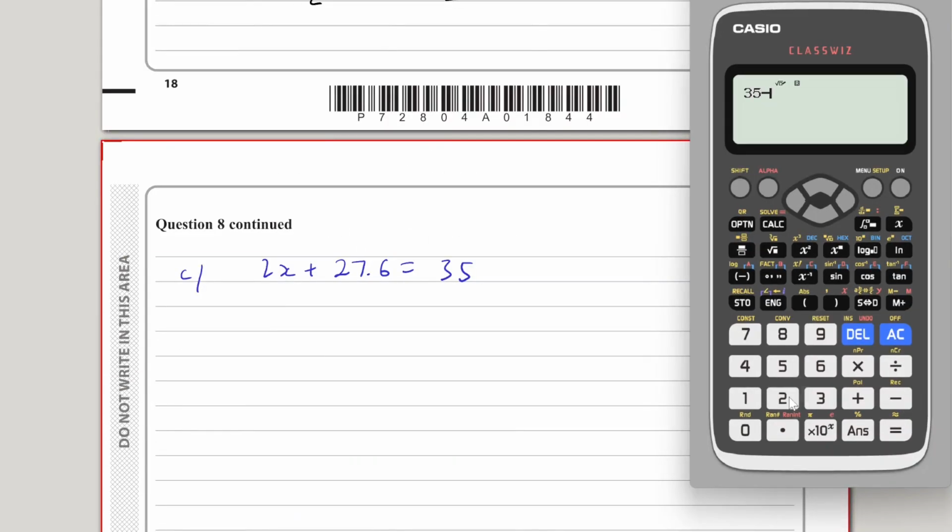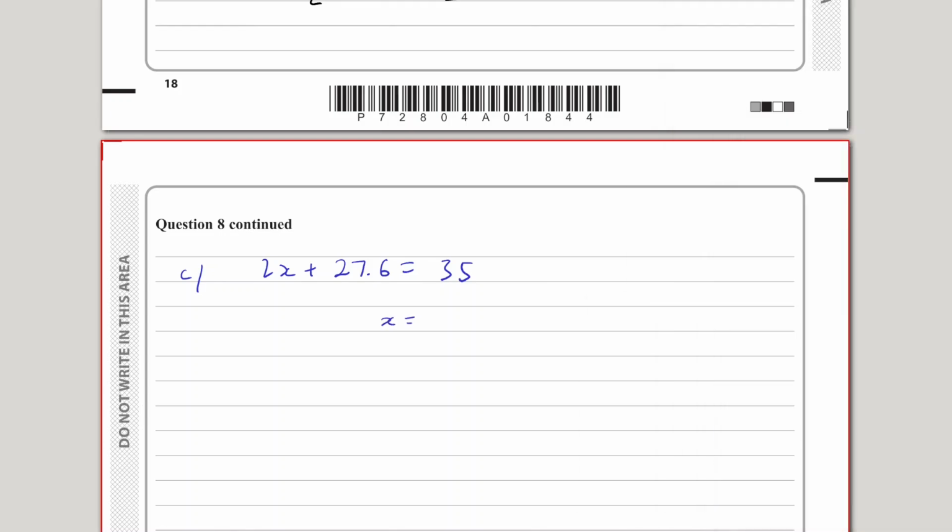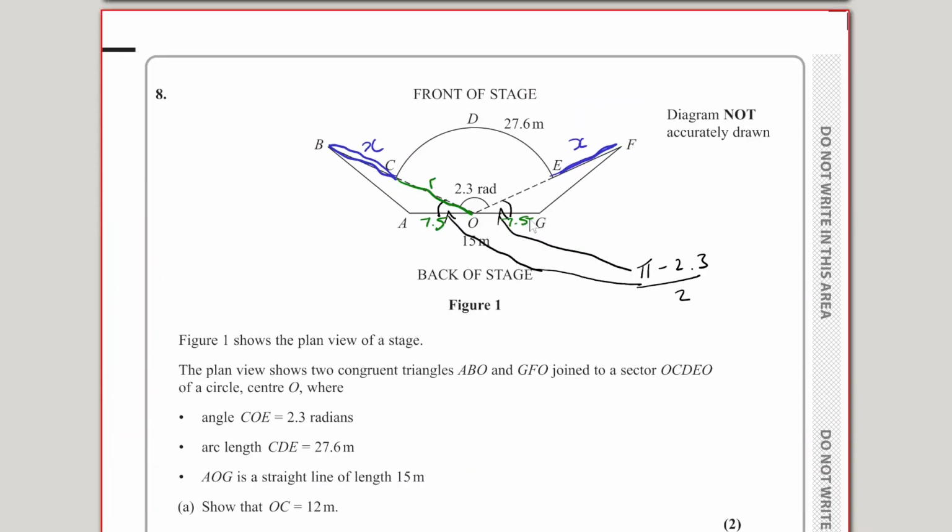So take away the 27.6, divide by 2, so we get 3.7. So x is 3.7. So this one's 3.7 here.